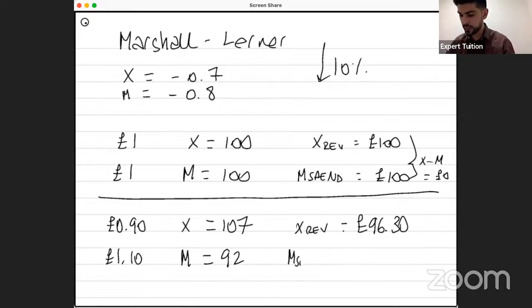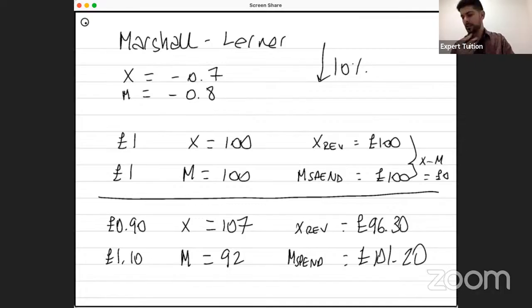How much do we spend on our imports? Again, I'm relying on you guys to give me some accurate maths over here. We're now going to do 1.1 times 92. I guarantee you it will be above £100. Anyone want to do it for me? Whatever that number is, 1.1 times 92 will 100% be above 100. What happened to my current account? Thank you, 101.2. There we go. Thank you.